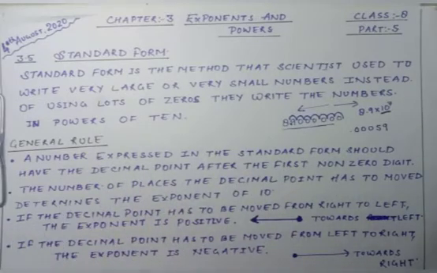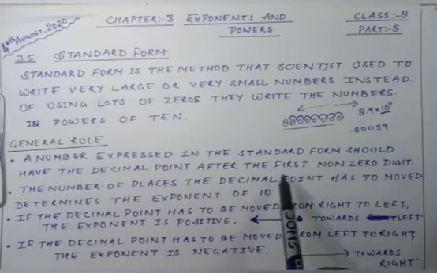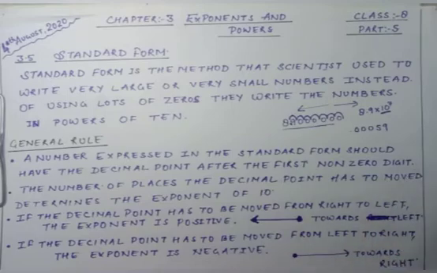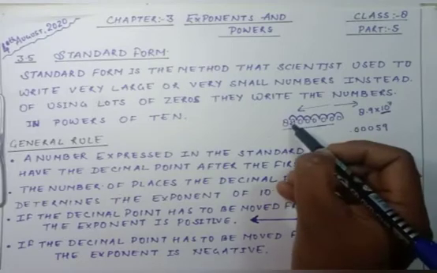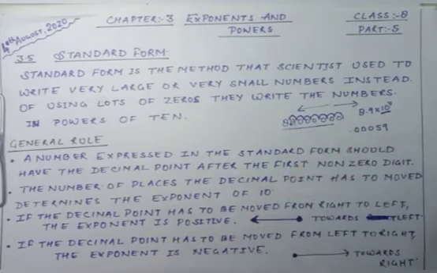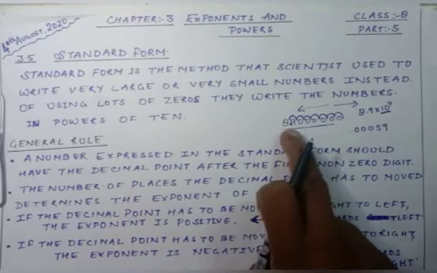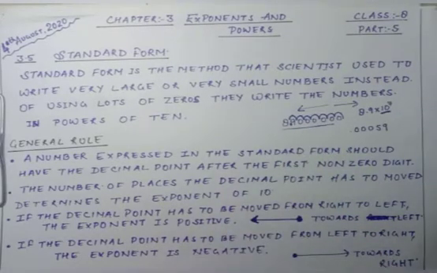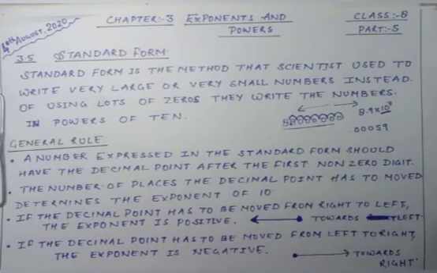Let us see the first rule. The number expressed in the standard form should have the decimal point after the first non-zero digit. Over here, the first rule is that you have to place the decimal after the first digit. To do that, you have to shift the decimal place towards the left. Now it is very important, so just keep it in your mind.